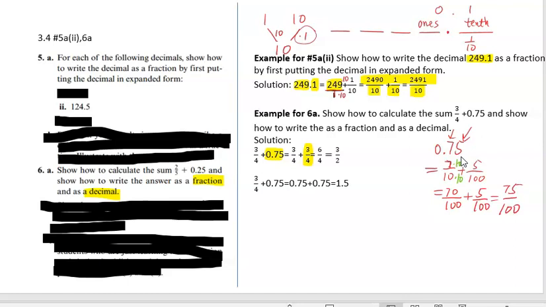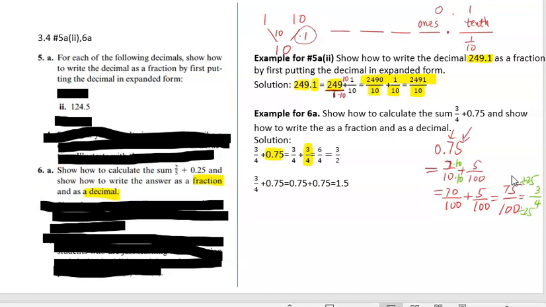Then you can reduce this down to 3/4, because 25 goes into both of them, so we divide the numerator and denominator by 25. We talked about how to simplify fractions in section 2.2, because every 25 smaller parts become a bigger part. And so that's how we get 3 parts out of 4 parts.